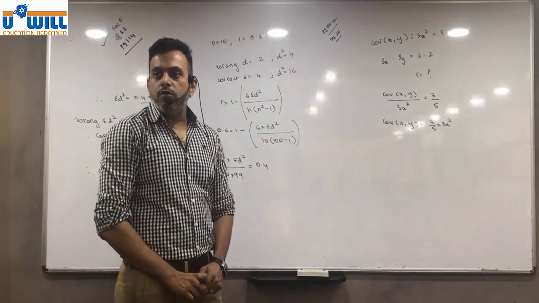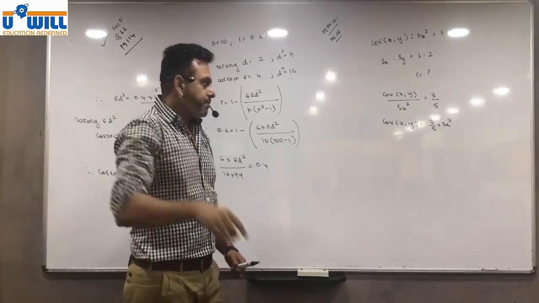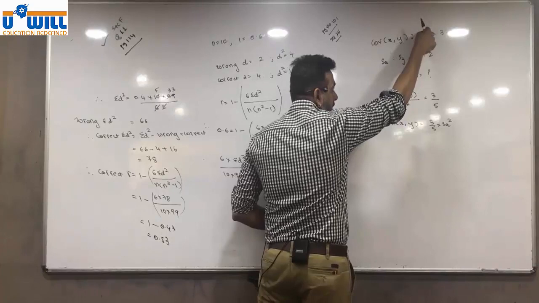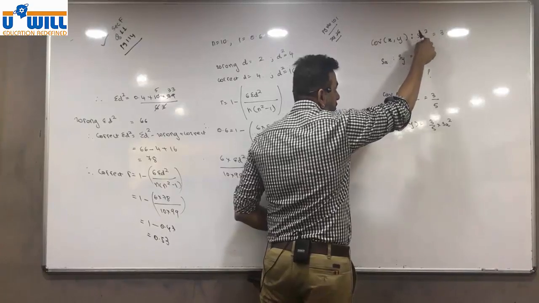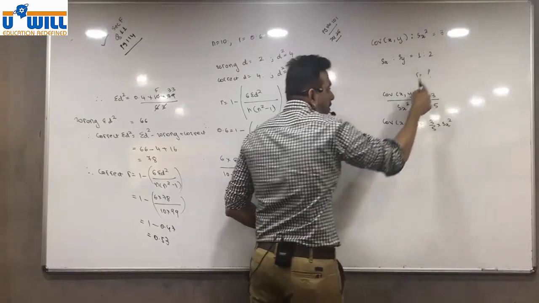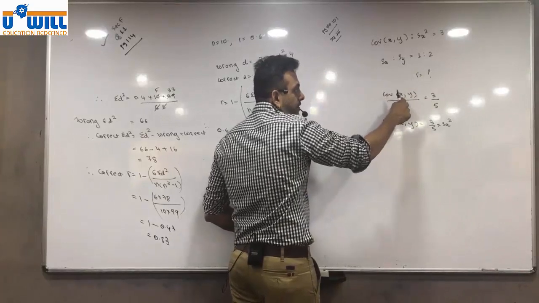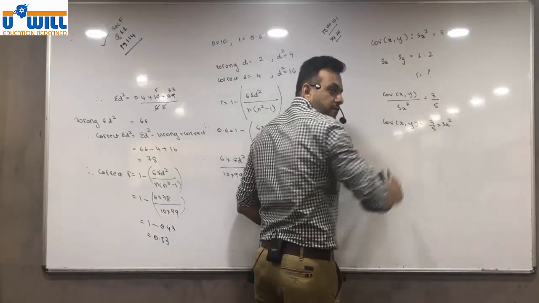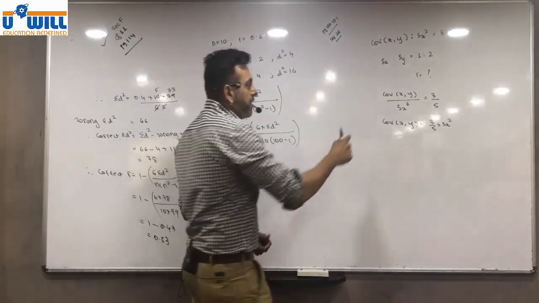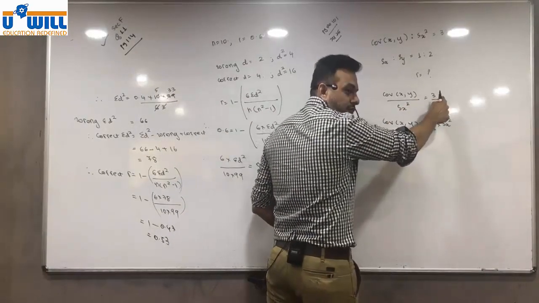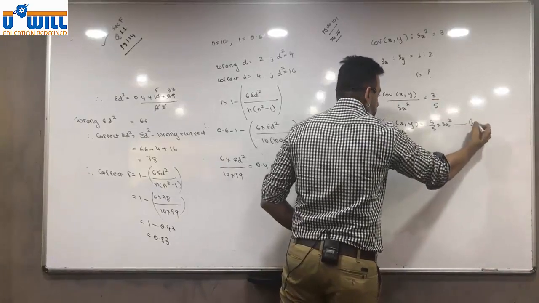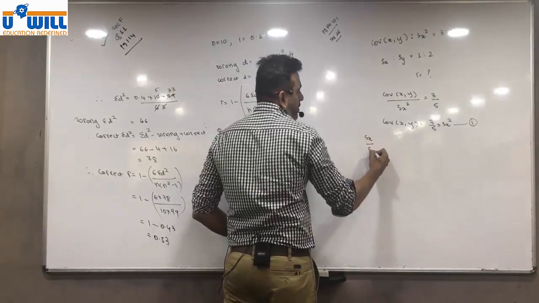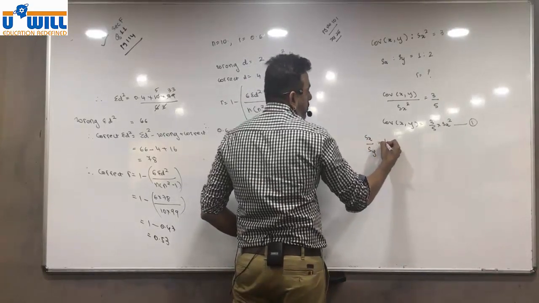Did everyone get this? Once again, covariance x comma y upon standard deviation x square is equal to 3 upon 5. So this is what I wrote. Now what is given? Standard deviation of x upon standard deviation of y is equal to 1/2.